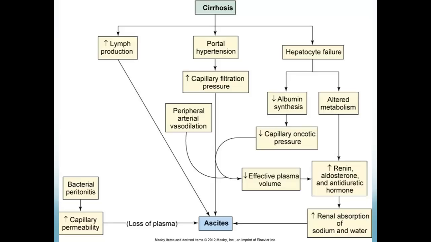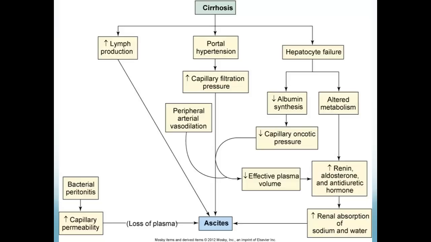In other words, it's going to cause fluid to more likely move out of the vasculature and into the tissues, in this case the tissues of the abdomen. Altered metabolism, we have an increase in renin-angiotensin and aldosterone production, which causes an increase in renal absorption of sodium and water. So we have more water on board that also adds to the ascites.